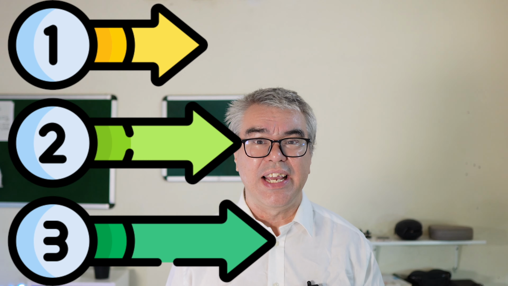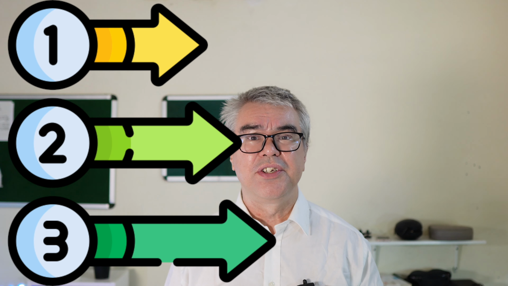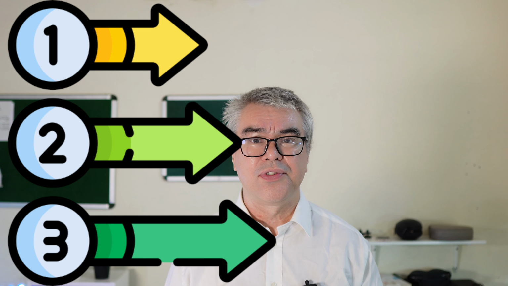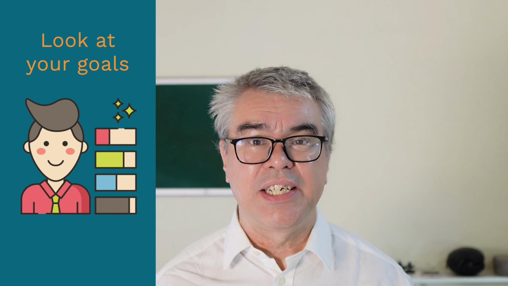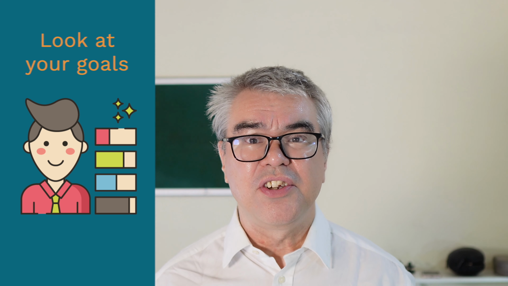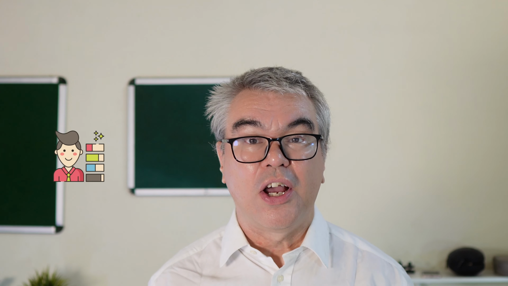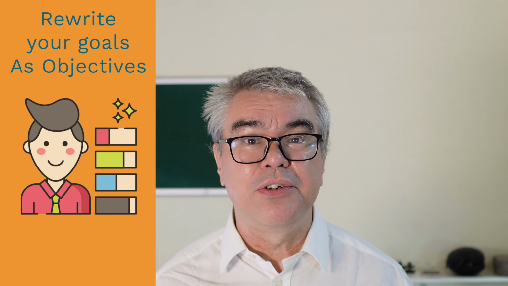In terms of converting our personal goals into OKRs, there are 3 steps that you can take. The first step is to just look at your goals. Some of your goals might be clearly stated as an objective, whereas others you need to rework them a little bit more. So that's step number 2.